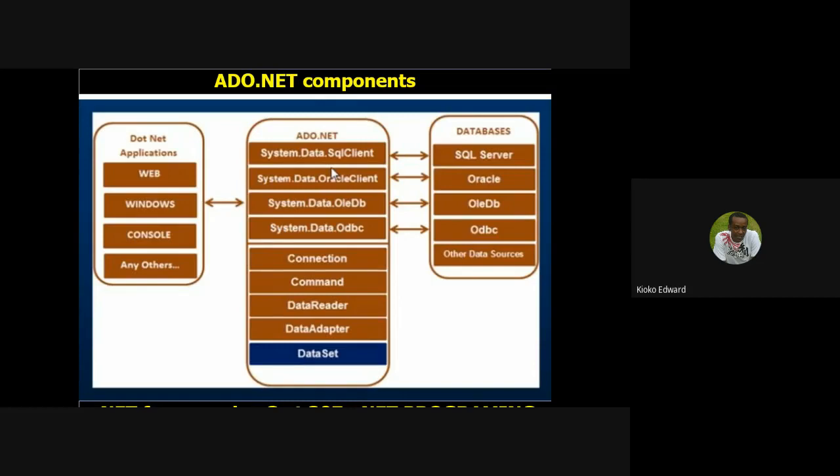So yes, we do have the physical database, but we can fetch the physical records from the database and cache them in a certain memory location. In the ADO.NET framework, the component that allows us to cache the records from a certain data source is what we call a data set. But let's look at each of these objects one by one.